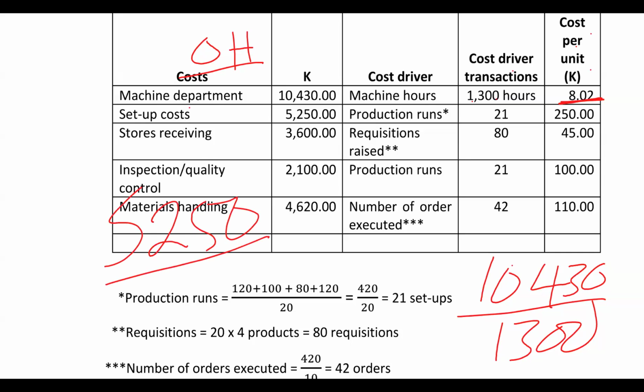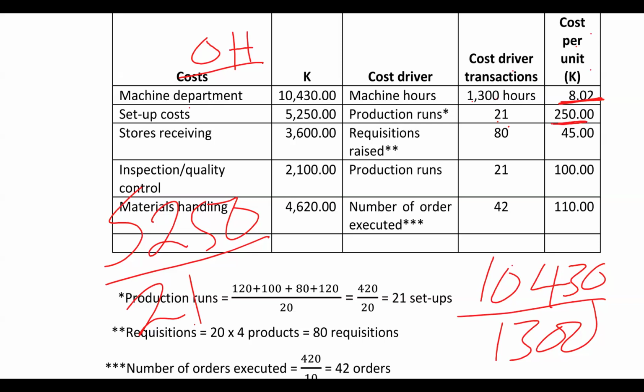We divide the setup overhead by the number of transactions. The production runs are 21. So 5,250 divided by 21 production runs gives you 250. And that 250 is the cost per unit for setting up.